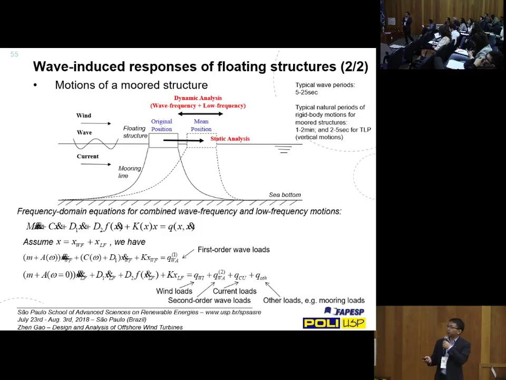So it's possible to decompose it into first order wave loads, without consideration of the mooring system, and then also to add the second order slowly varying part, where you have the second order wave or wind loads, and then the strong influence of the mooring system.